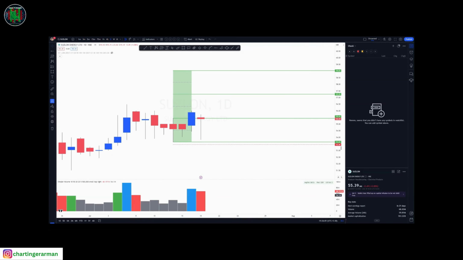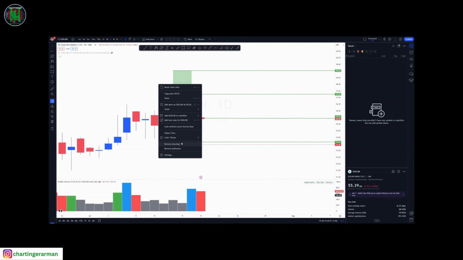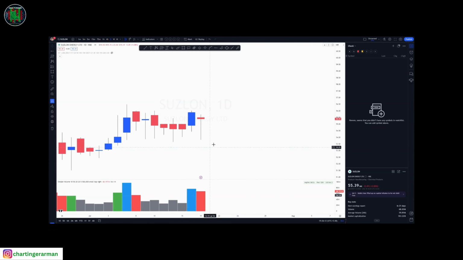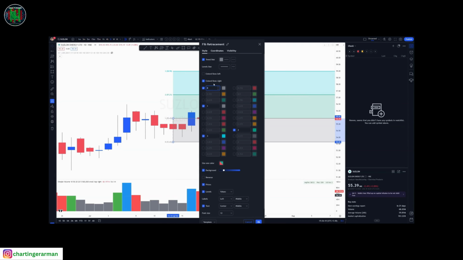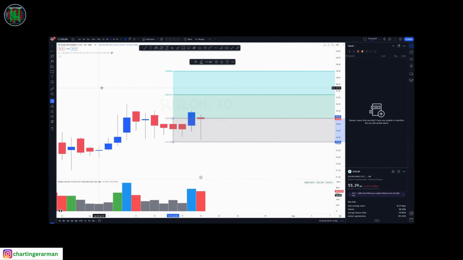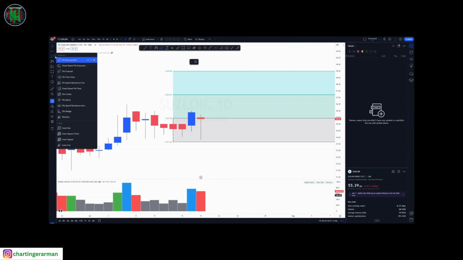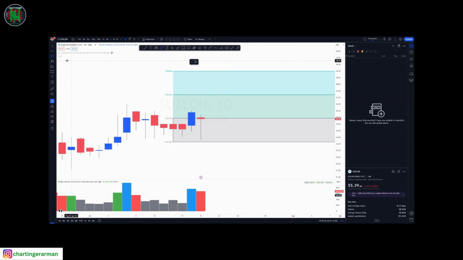Now drawing this box and everything would be way too complicated and time consuming. So what we can do is imitate the settings that I have done on my Fibonacci tool. I'll show you how to open it. On the TradingView left hand side, go to the third tool, the first one in the third menu, Fibonacci retracement.